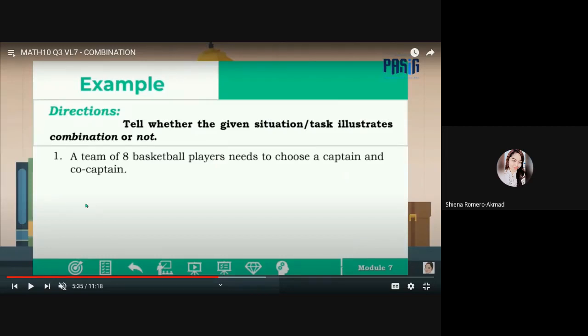Ulitin ko ha. Number 1 is not combination because it is permutation. Nagkakaintindihan? Not combination, bakit? Kasi yung order dito importante. Eh sa combination, di ba, ang order hindi importante. It doesn't care about the order kapag combination ang pinag-uusapan. So, number 1 is not combination.